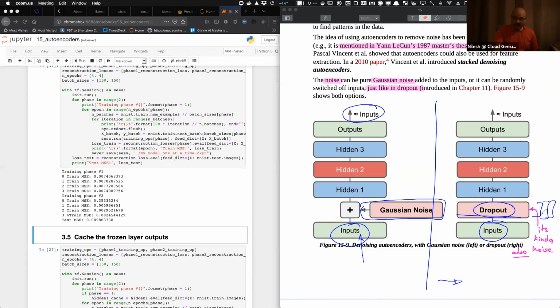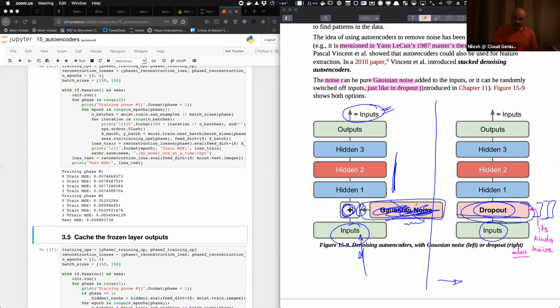Thereby you're giving it limited information. So it's kind of noise insertion in some sense, similar to this idea. You're adding noise to the input and forcing the output to match the input. Thereby these layers will learn to eliminate noise.